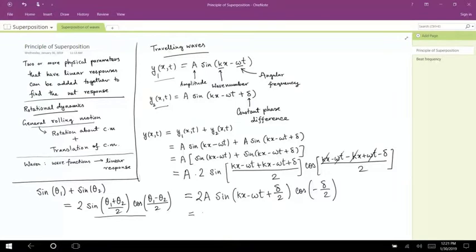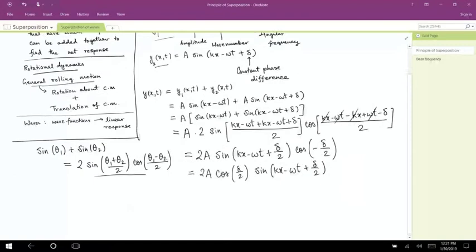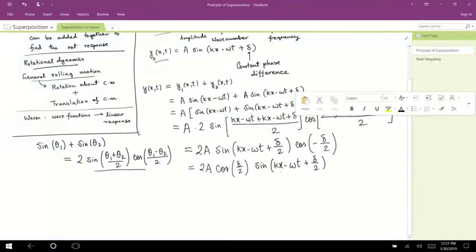Okay, we can further simplify this and write this as 2 times a times cosine of delta over 2 times sine of kx minus omega t plus delta over 2. All right, so this clearly is also a traveling wave because it has this kx minus omega t part.